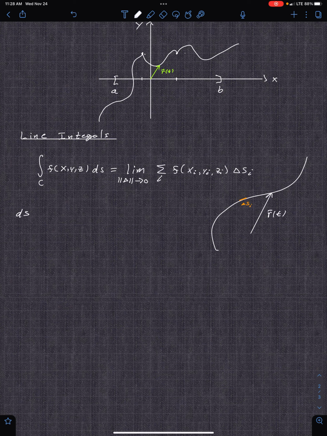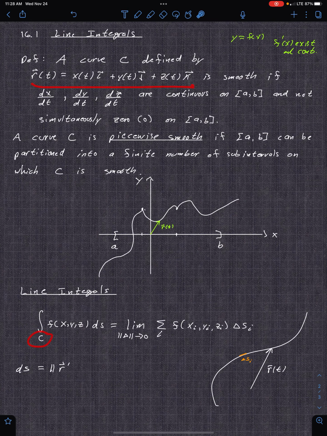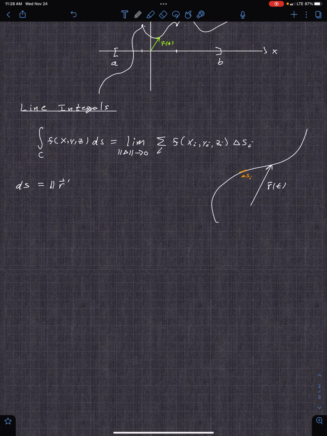So ds is equal to the magnitude of r prime of t, which basically comes out in the derivation, dt.